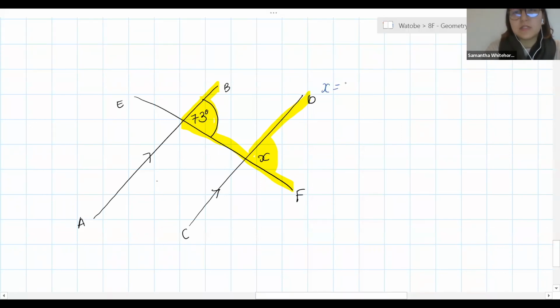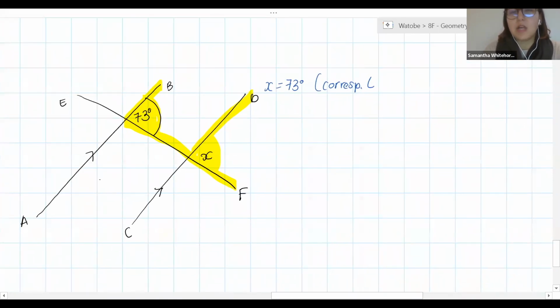X is equal to 73 degrees. Remember our reason, corresponding angles. And we always put in the parallel lines because in case there's a couple of parallel lines, we always need to be clear which ones we're working with. AB parallel to CD. So we know that those angles are equal.